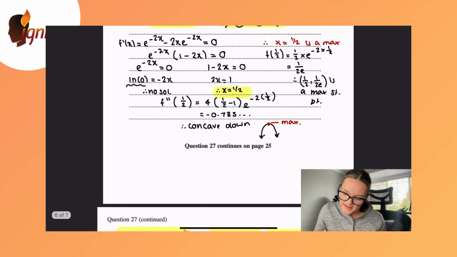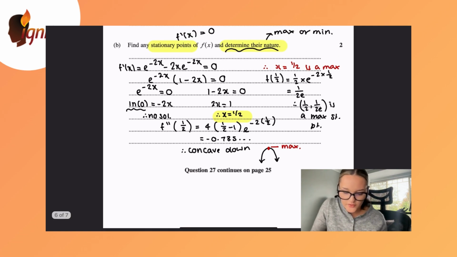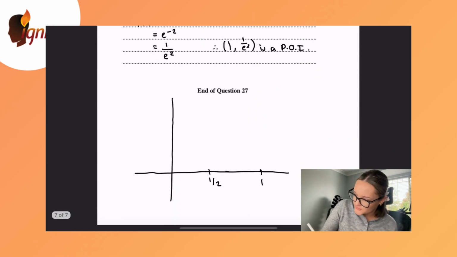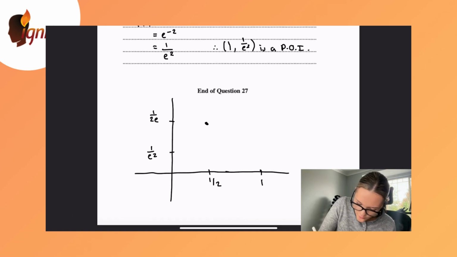So a half and my x coordinate 1 on 2e. So we have 1 on 2e being about here. We can say 1 on e squared is about here. So we know that this particular point here at 1/2, 1 on 2e, that's a maximum. So my graph is going to reach that point, then come back down.